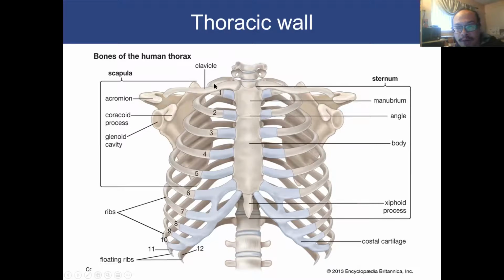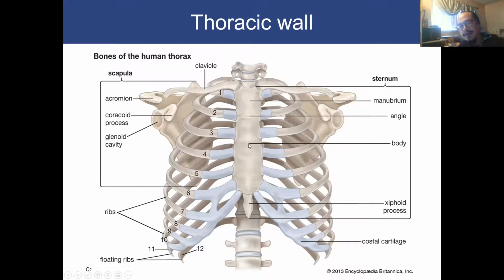Because we have 12 ribs, we have 12 segments of the spine connecting with the ribs. This portion of the spine is called the thoracic vertebrae. So we have a total of 12 thoracic vertebrae: 12 pairs of ribs and 12 thoracic spine segments.